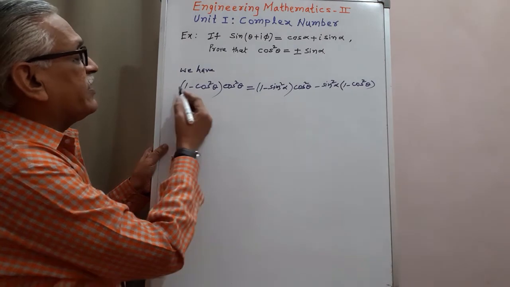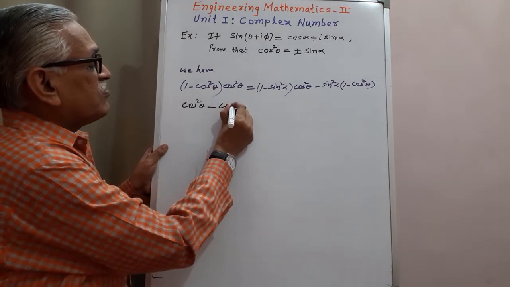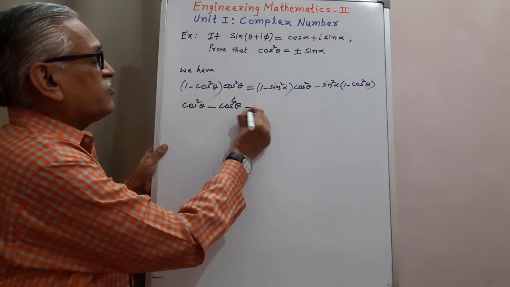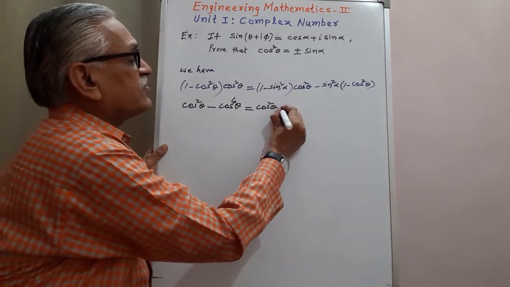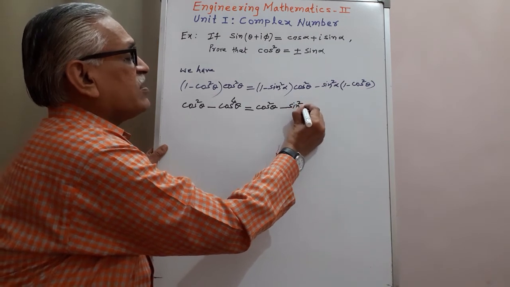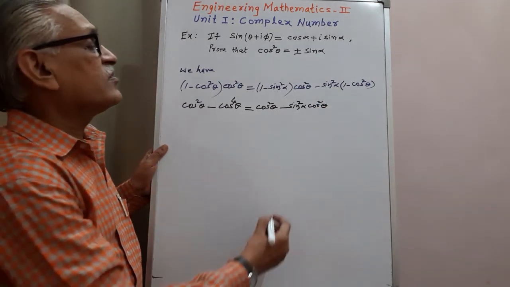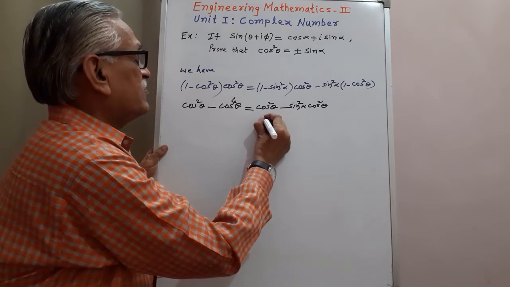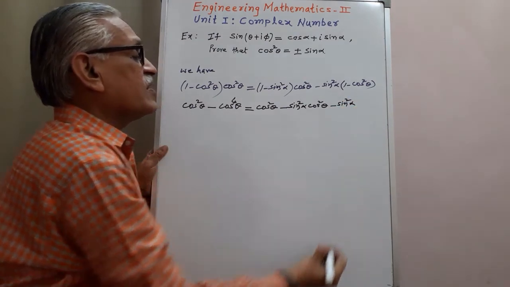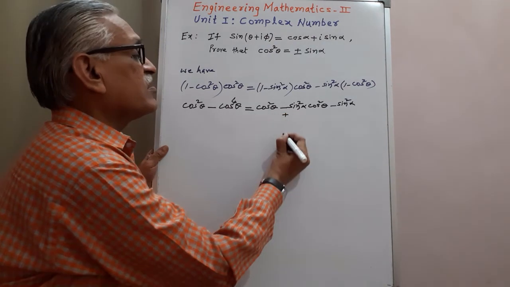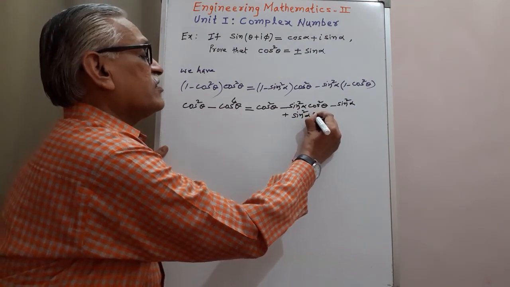And then simplifying it, 1 into cos²θ we get cos²θ minus cos⁴θ is equal to cos²θ minus sin²α cos²θ minus sin²α and plus sin²α cos²θ.